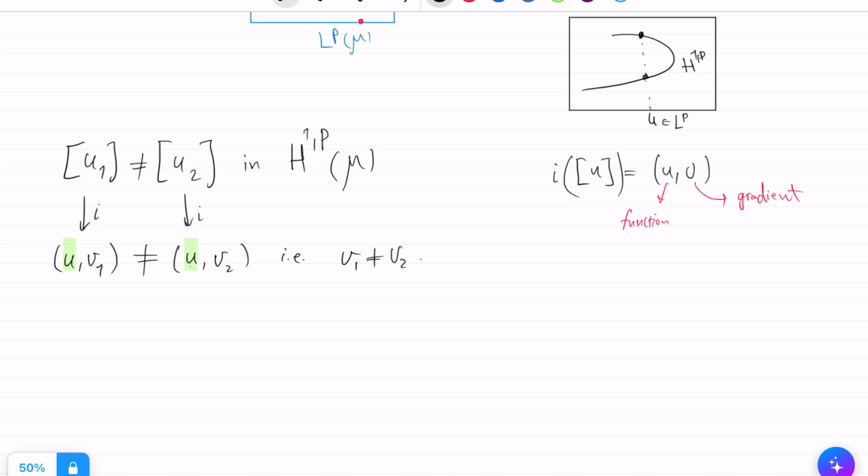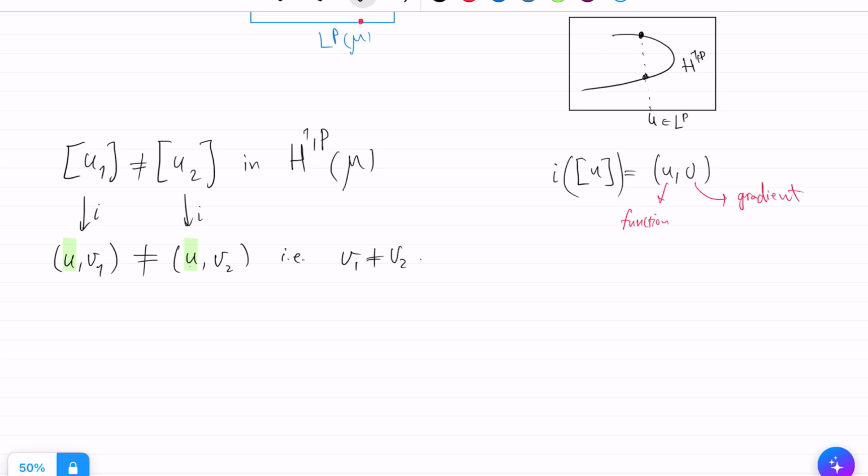As Sobolev functions, they are not the same. And this explains that in general, we cannot just say a Sobolev function is some u in LP with this and that. This introduces that vagueness. This does not necessarily represent one Sobolev function. This could represent two different Sobolev functions.